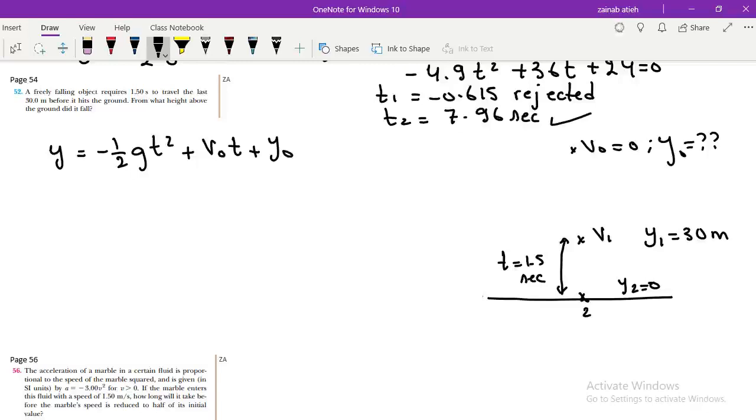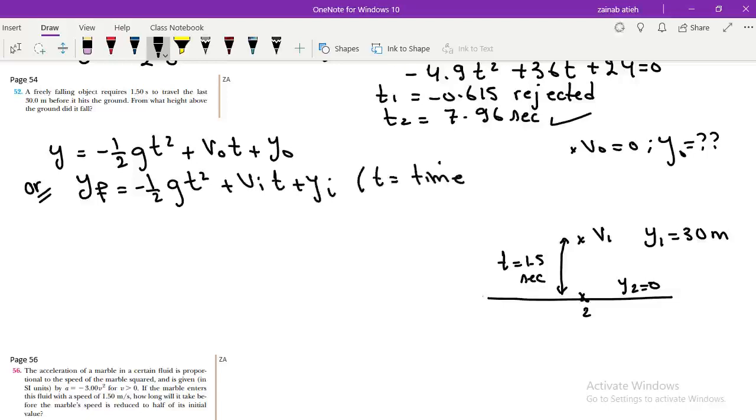I can apply it between any two instances, or I can write it this way: y final equals minus half g t square plus v initial t plus y initial, and t is the time between initial and final. Okay, so I can apply it between any two instances. The question gives me the time between 1 and 2, so I can consider y final is 2 and y initial is 1. In the end these are part of free fall.